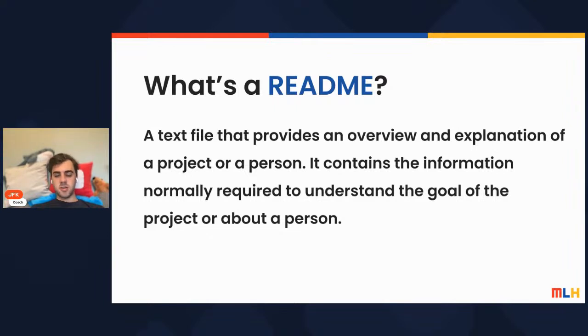One of the things that it does is that when you go to a GitHub page for a specific project, it will render you a README. And a README is a text file that provides an overview and explanation of a project. Generally, it covers a few different areas. It'll cover the top line of what the project actually is, and then in terms of structure, it does tend to vary, but usually you'll have some kind of installation instructions, or how do you set up or use the thing at the top, like a quick start.